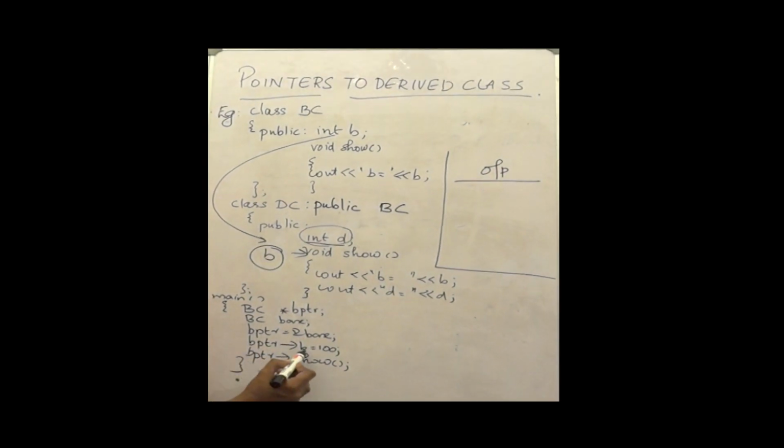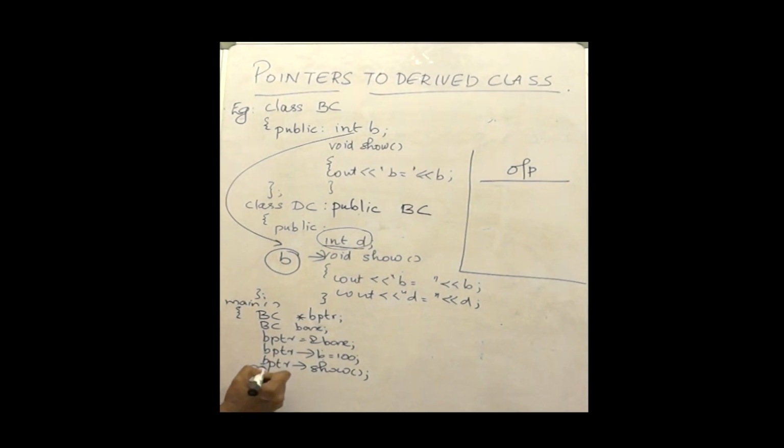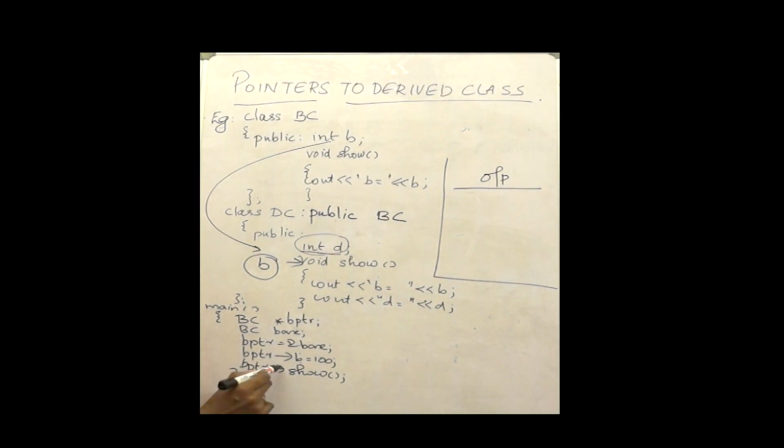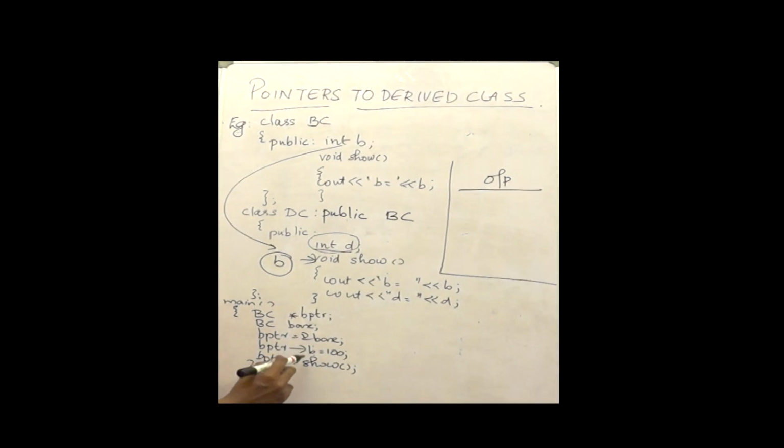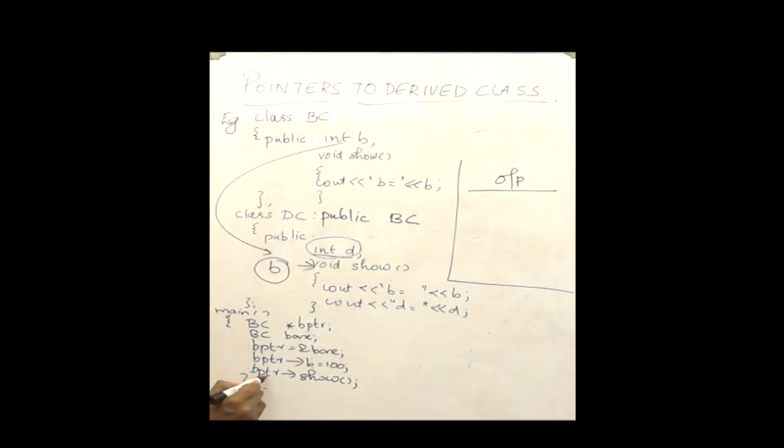We are assigning the value 100 to the only variable available in class BC, B, using a pointer of the class. Now we are calling BPTR show. The function is called using the base pointer, and we know that when invoking functions using pointers we must use the arrow operator. Also, when accessing data members of the class using pointers, we should use the arrow operator. Now what will be the output? What is the content of the show function?